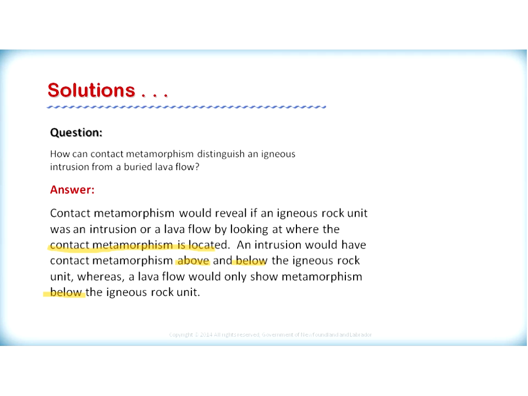Igneous intrusions show contact metamorphism both above and below the igneous rock unit, whereas a lava flow would only have contact metamorphism located below. There would be no contact metamorphism above the igneous rock unit.